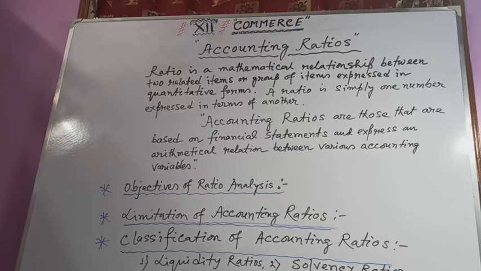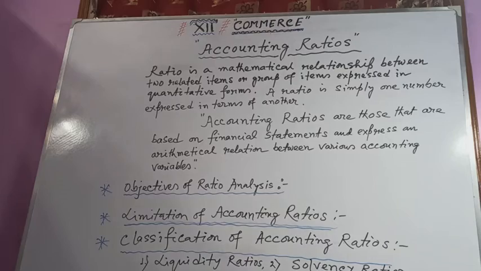Number two, rate or so many times: gross profit by sales indicates times, that is 50,000 by say 2 lakhs, that is equal to 1 by 4 equal to 0.25 times, okay. And then percentage, x by y into 100, say gross profit by sales into 100.